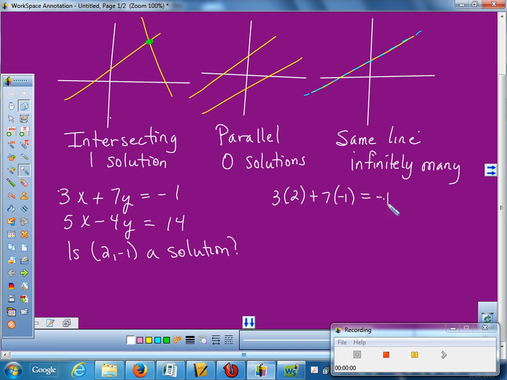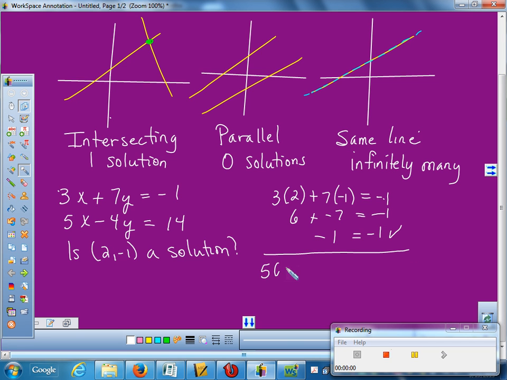So you're really just doing a check is all you're doing. So what will that get me? 6 plus negative 7 is indeed negative 1, so that one works, it checks. Do I have to go to the trouble to check the second one? Yes, because it might work in one and not in the other, so you must check the second one.